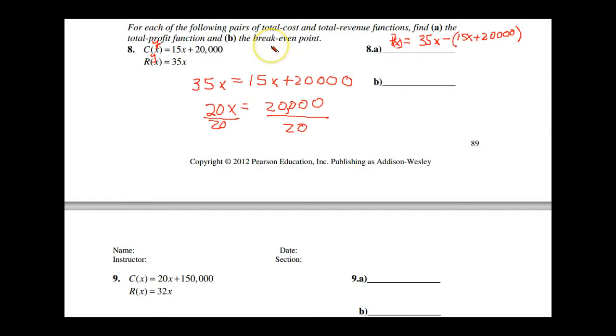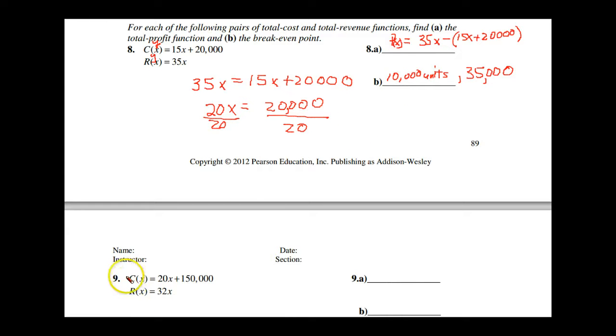So it comes out to be 10,000 units and at the profit of $35,000. Wow. Well, that's our break-even point.